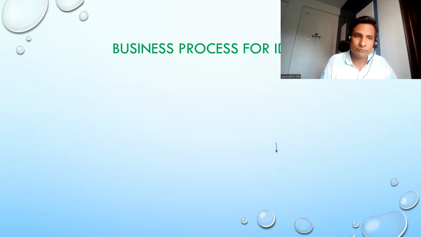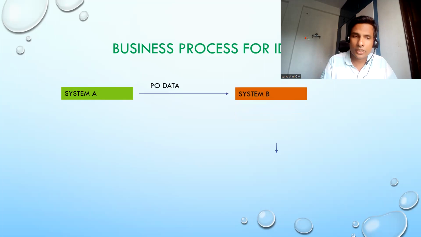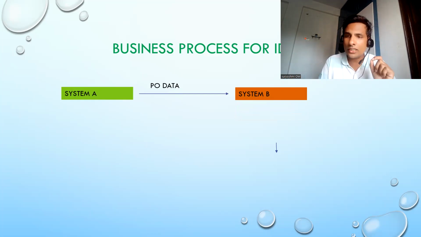For example, you have a system A, purchase data, and you are communicating with system B. So this is the source system, this is the destination system. I have already uploaded one more video which I have recorded. This is scenario 1, from A to B it is going. All technical setups I have done in one client, single client 800.